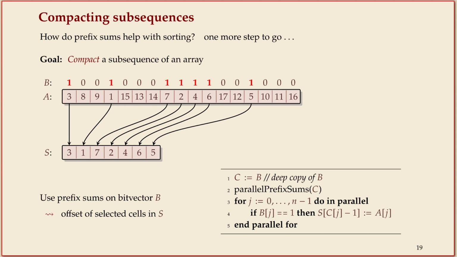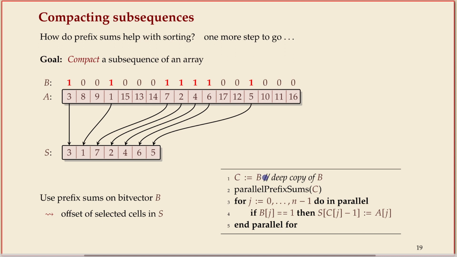Now, luckily, you don't have to work very hard. You can reuse prefix sums and the clever way of assigning things on the PRAM to solve this with very little code. The way this works is you first call prefix sum on the bit vector.